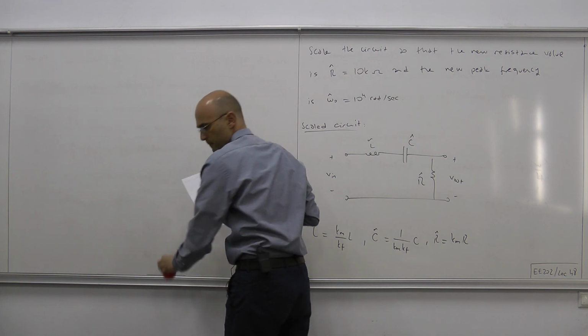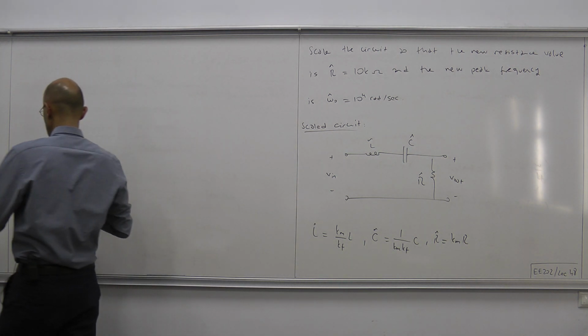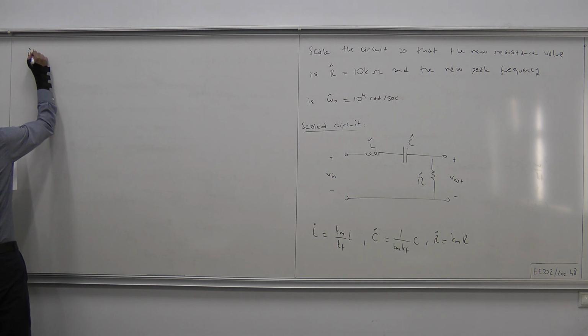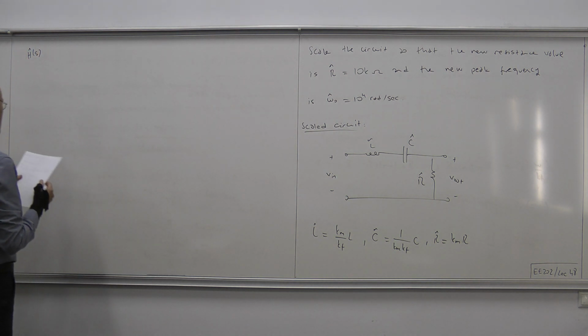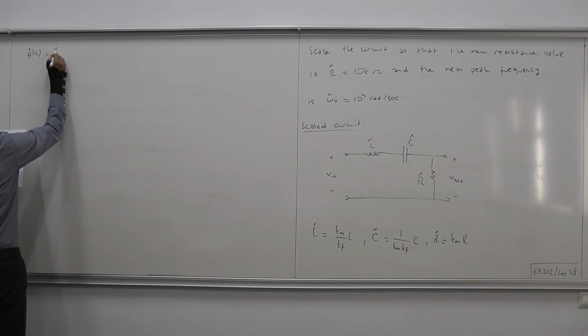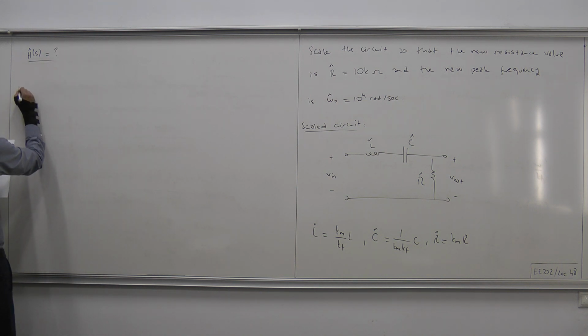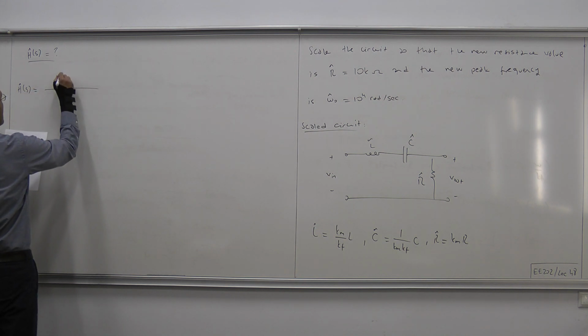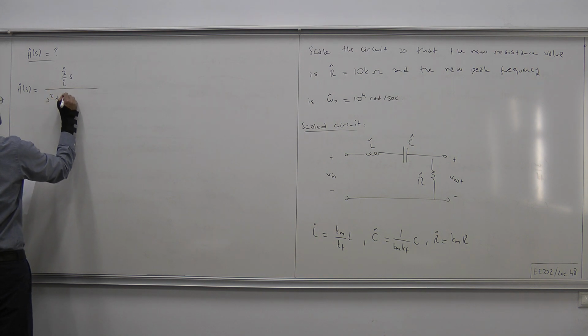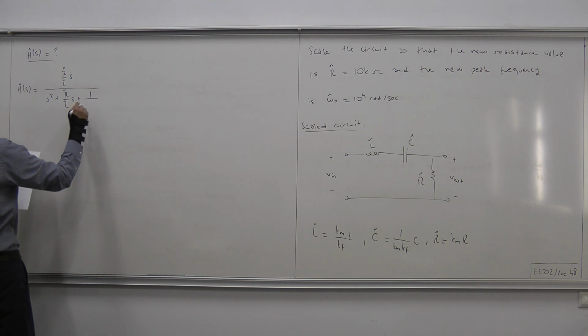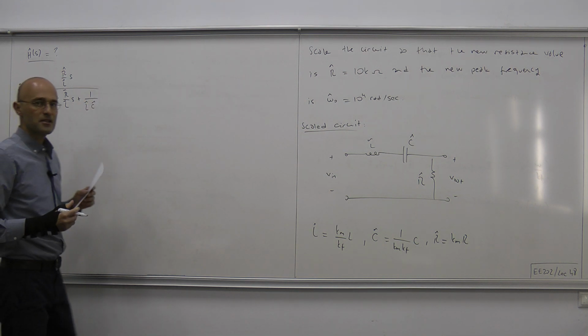So what's the new transfer function after scaling, which we're denoting by h hat of s. Okay, so let's figure that out. H hat of s equals r hat over l hat s over s squared plus r hat over l hat s plus 1 over l hat c hat.